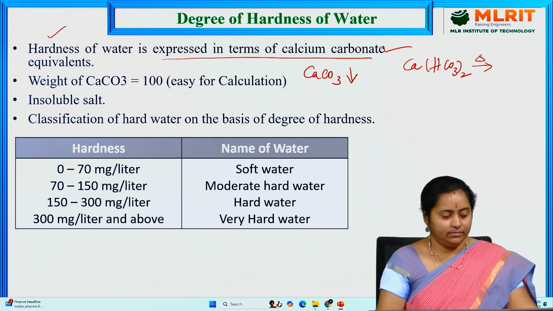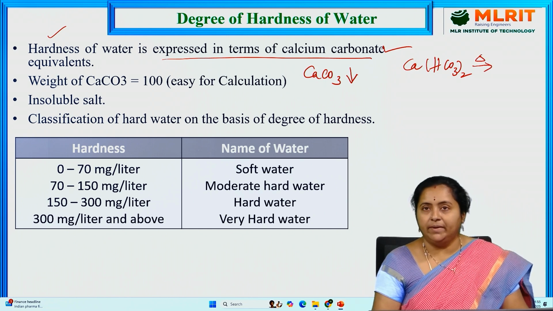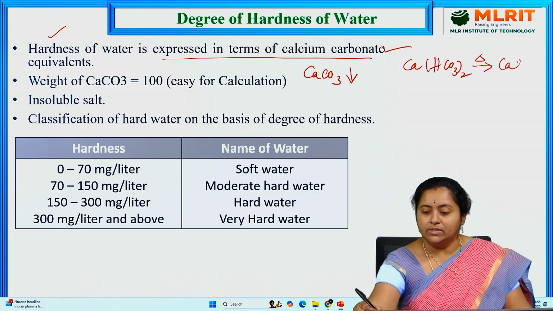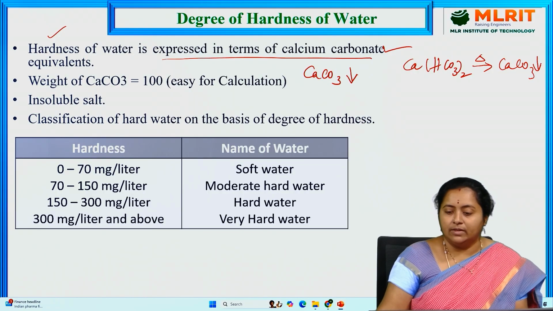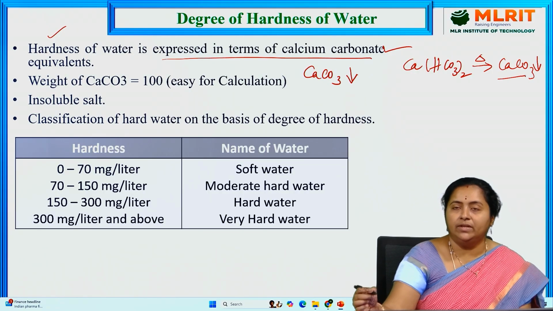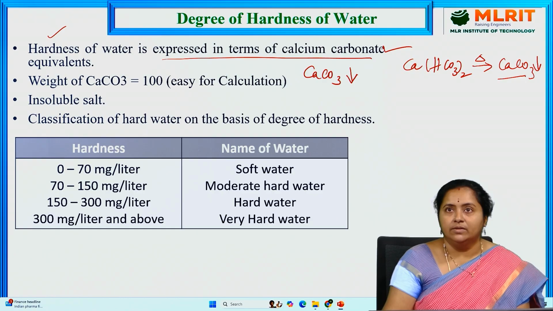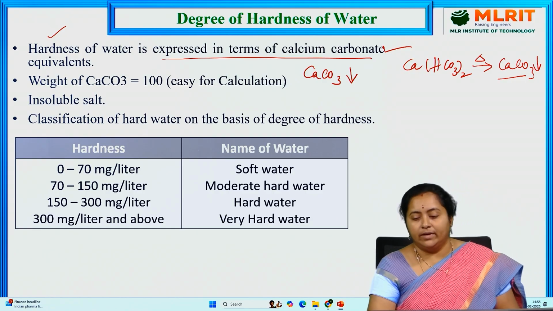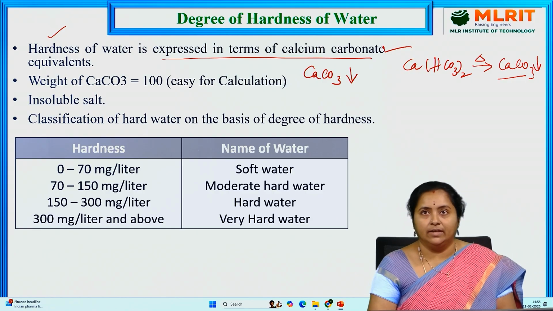Calcium bicarbonate on boiling is able to convert into insoluble CaCO3, in the form of precipitation. Clearly, it is insoluble in nature, that means it is visible, so it can be easily removed by adopting the filtration technique.